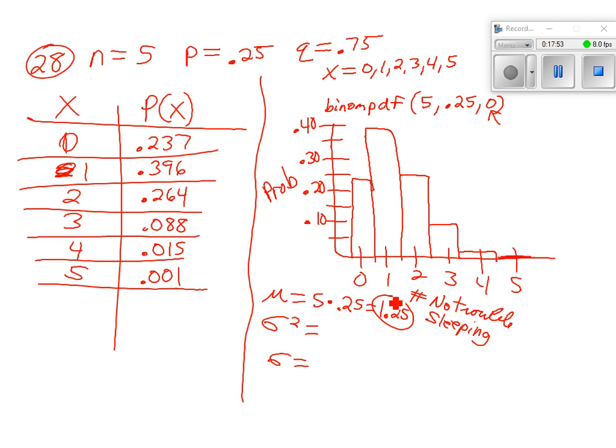Now remember your mean should be what's sort of right in the middle, halfway. If we look at 1.25, that'd be somewhere like in here. Does it look like about half of the stuff is on this side and half on that side? Yeah, it's not too bad probably. Then to go from the mean to the variance, we take that number and we multiply it by the complement, 0.75.